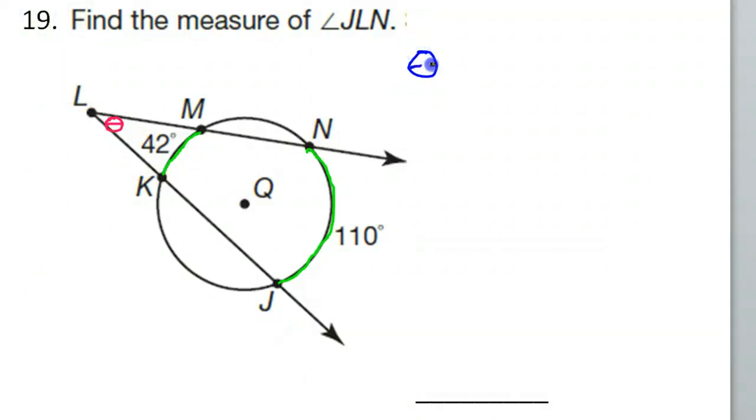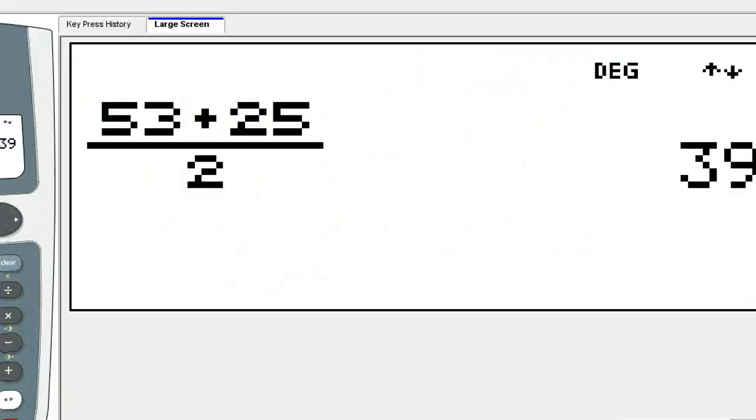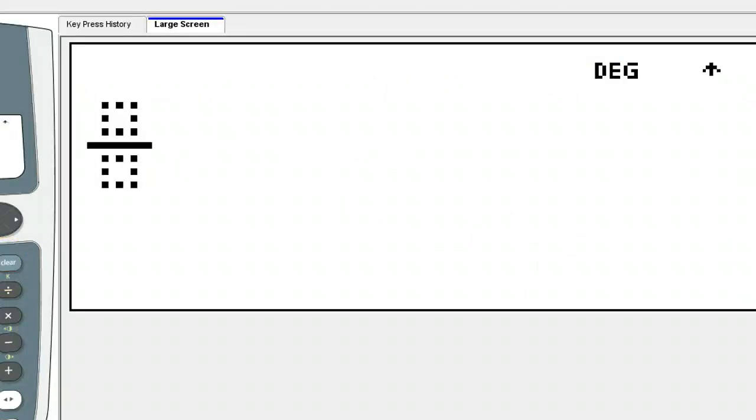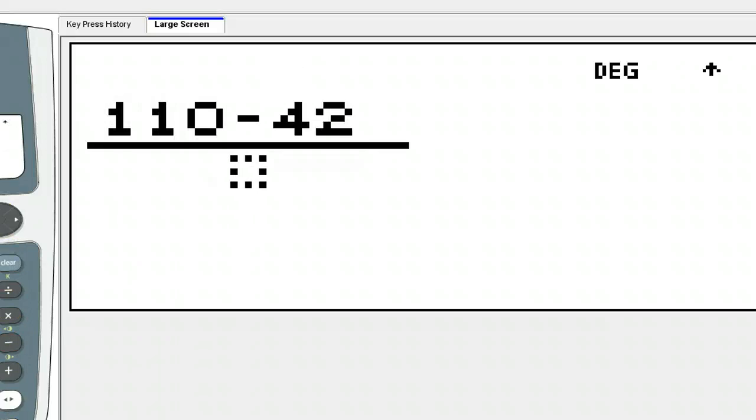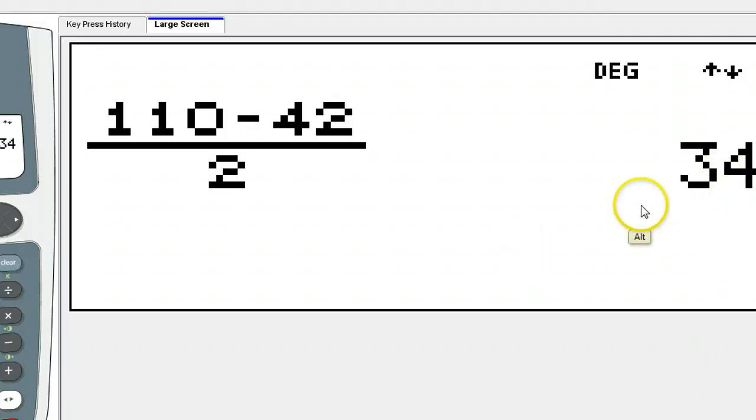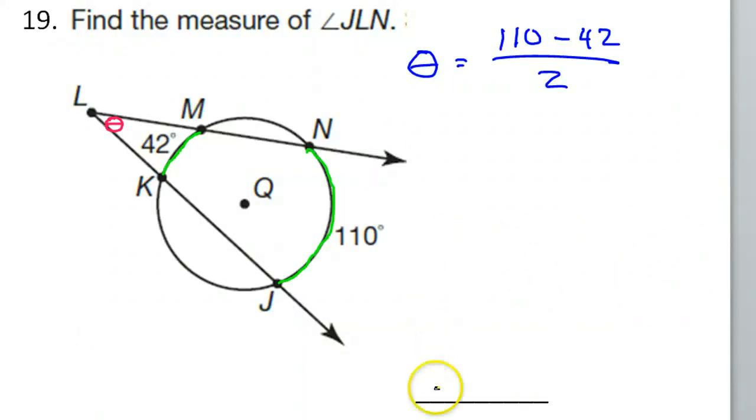So again, the angle is equal to the big arc minus the small arc divided by 2. That's 34 degrees. Alright, that's it for number 19.